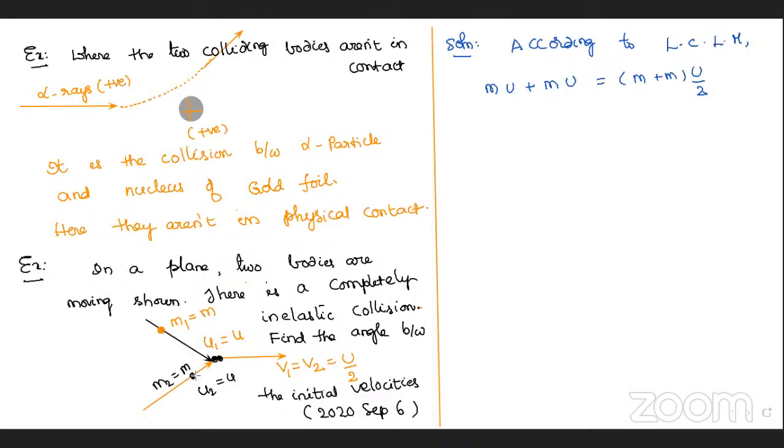Then we can use that formula: P1, P0 equal to under root P1 square plus P2 square plus P1 P2 cos theta. Means you are taking the resultant of these two. Yes, sir.